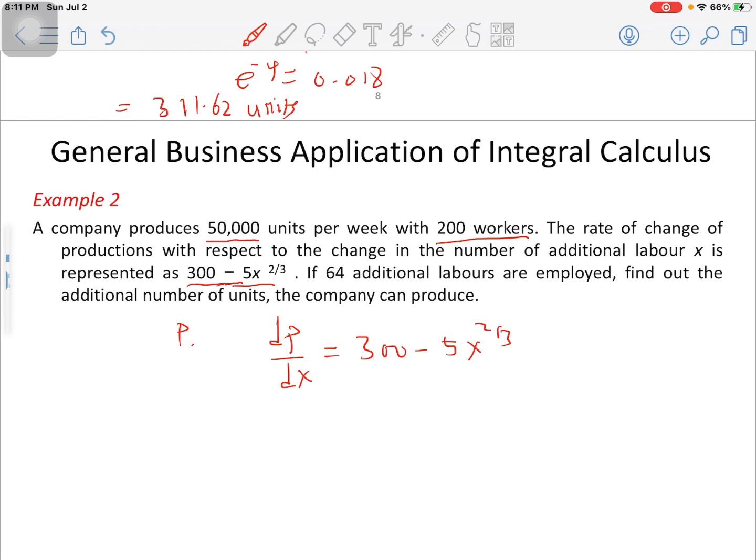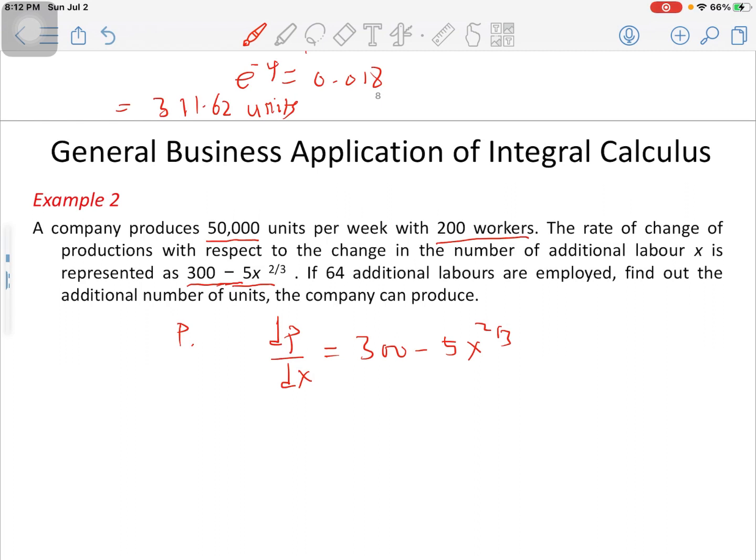So look at this place. They said that if 64 additional laborers are employed, we should find out the additional number of units the company can produce. So it all boils down to definite integrals, right?